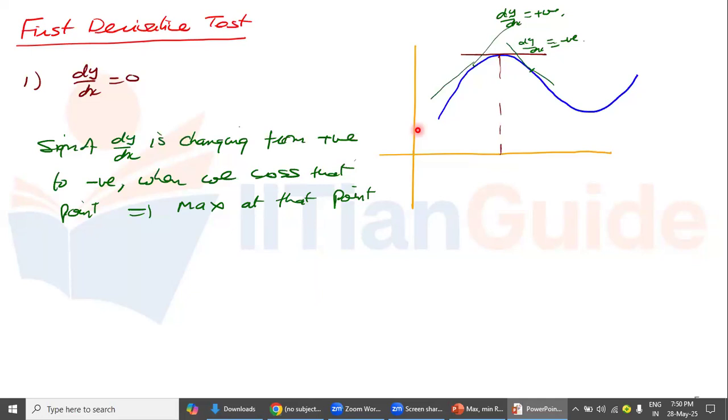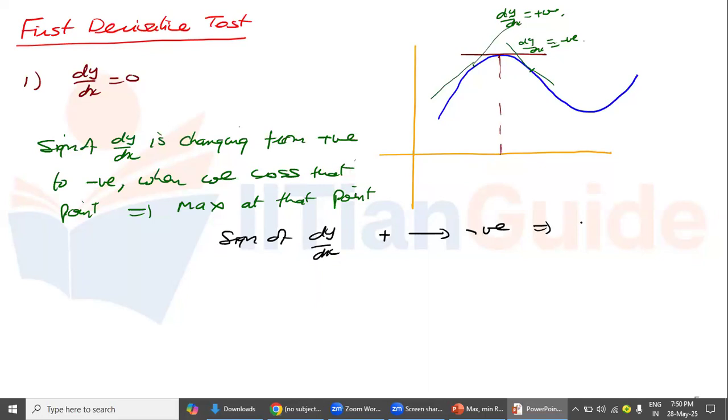So when we cross the point, we need to move from left to right. I'm writing once again: the sign of dy by dx is changing from positive to negative.